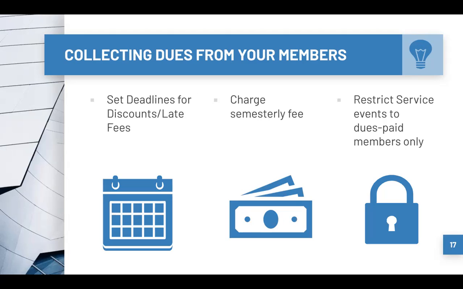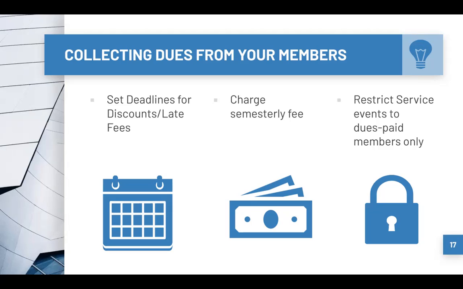Another suggestion could be to charge a semesterly fee. Some people maybe don't want to pay $40 all at once for a year. Maybe they would be more comfortable paying $20 in the fall and then $20 in the spring.